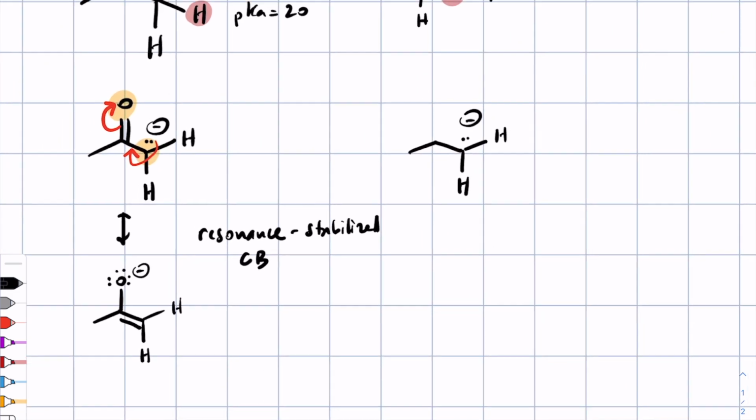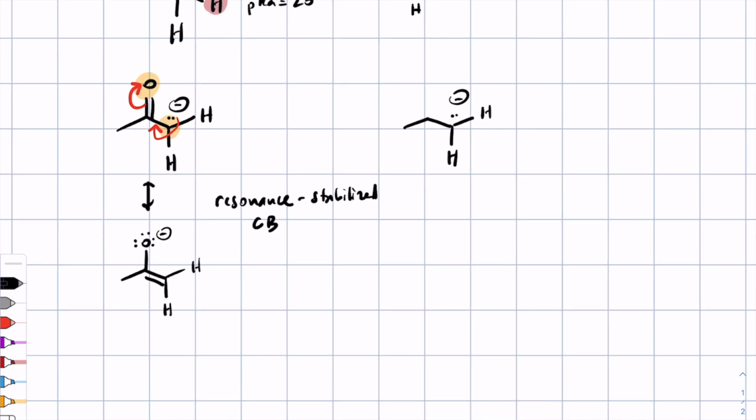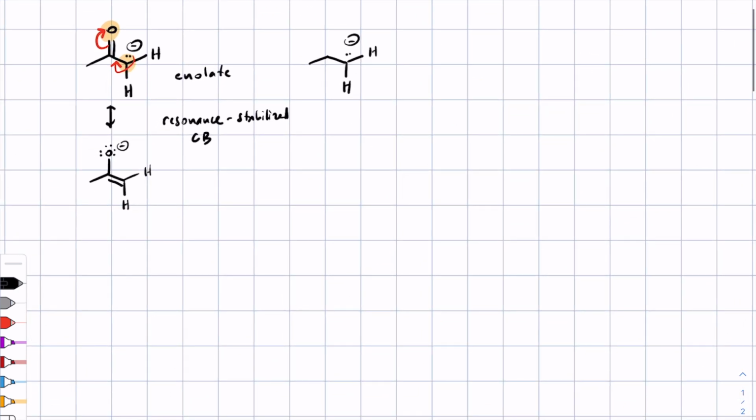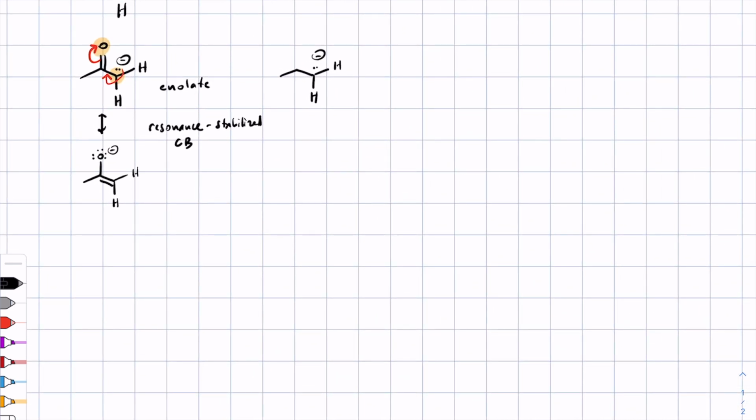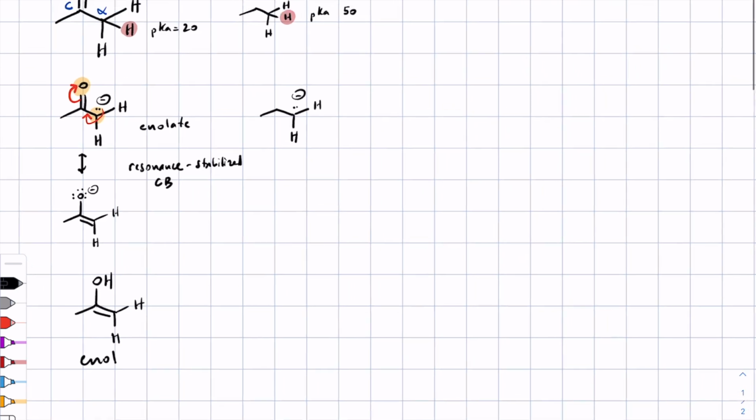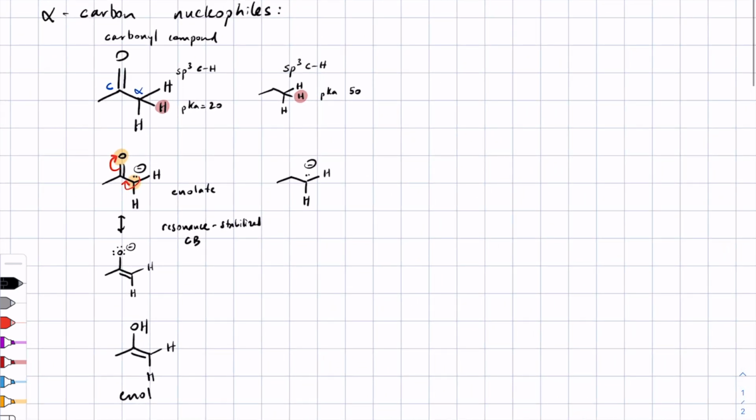This conjugate base has a name. We call it an enolate because the enolate is the conjugate base of the carbonyl compound. And it is also the conjugate base of a related isomer of the carbonyl compound, which is called the enol. Right?